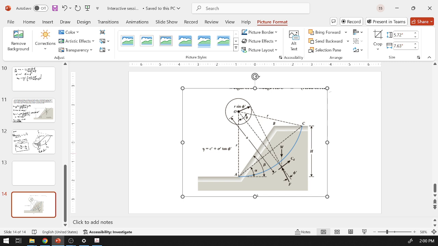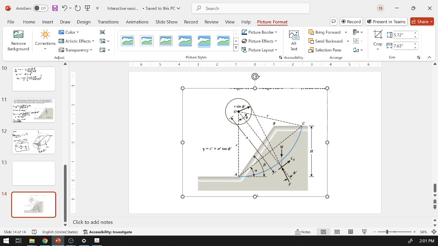So you have this slope. We assume the failure is taking place along AC. So we calculate the weight of the soil wedge A, B, C, the whole wedge, which is the disturbing force.